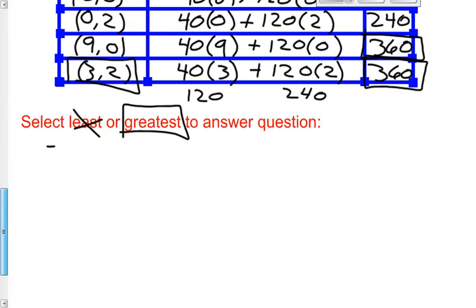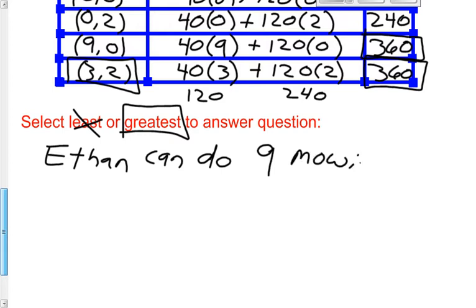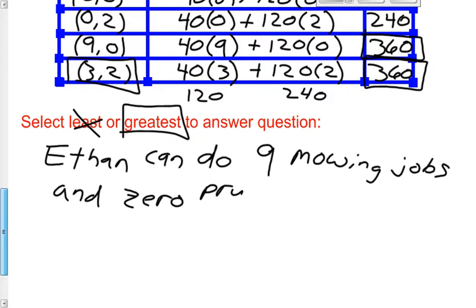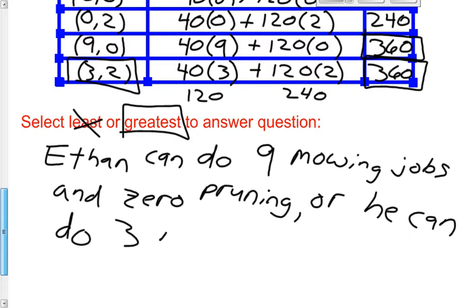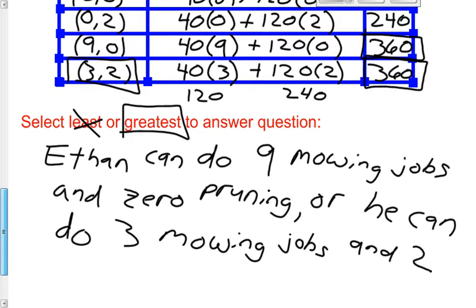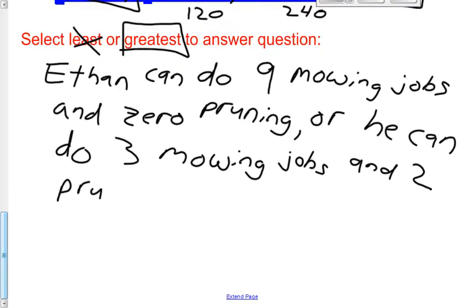You can say, Ethan can do 9 mowing jobs and 0 pruning jobs, or he can do 3 mowing jobs and 2 pruning jobs.